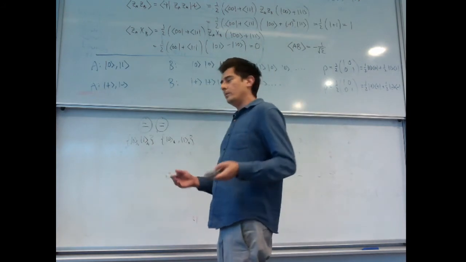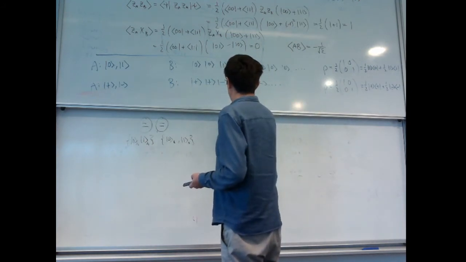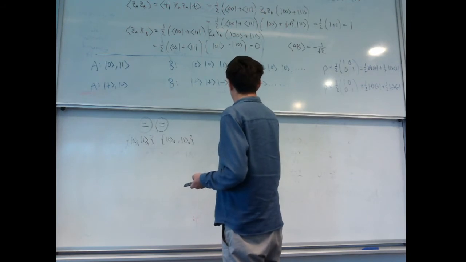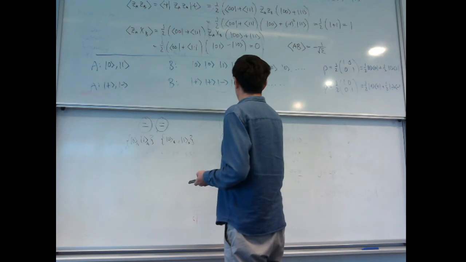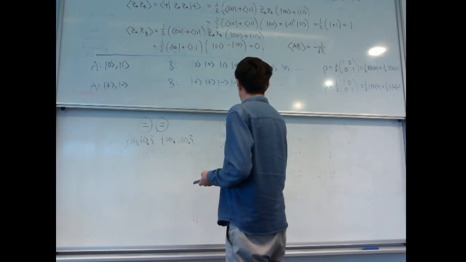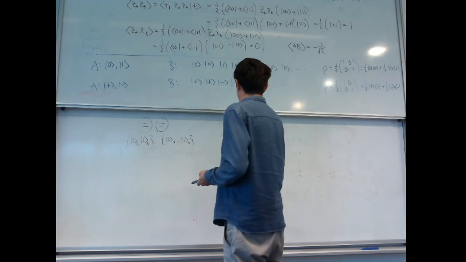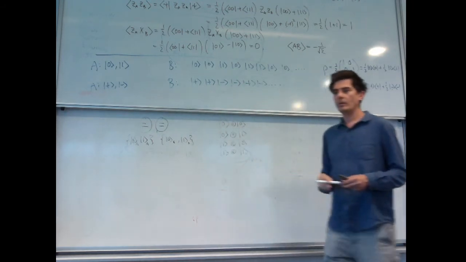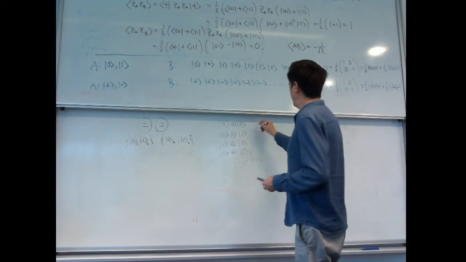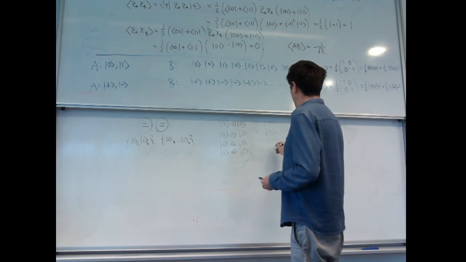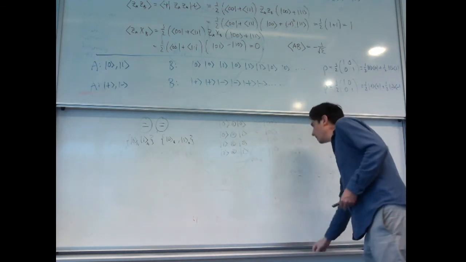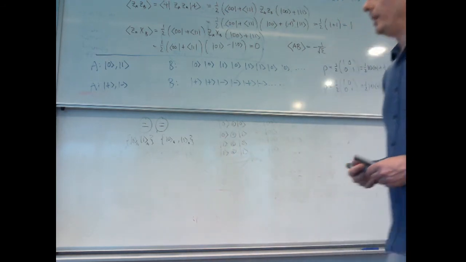One possible basis that you could have for 2 qubits is just this tensor product, and again all 4 combinations of these states, which I normally write as 0 0, 0 1, 1 0, 1 1, just to be a bit more compact.